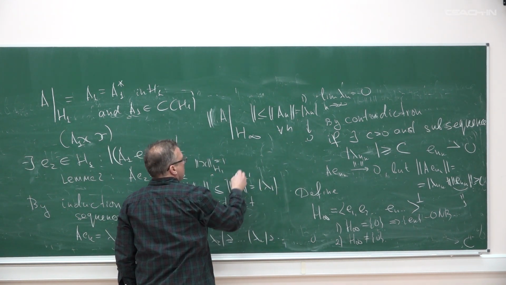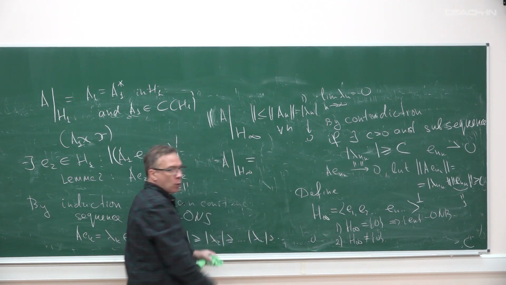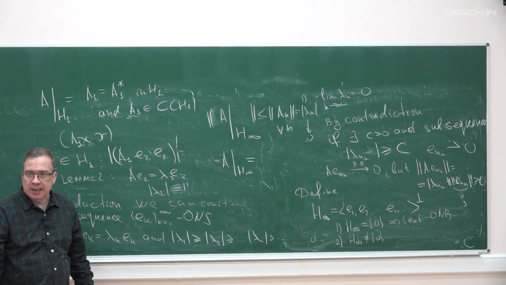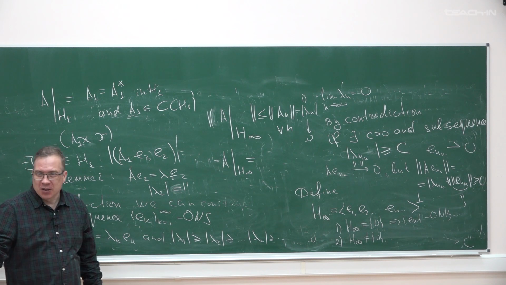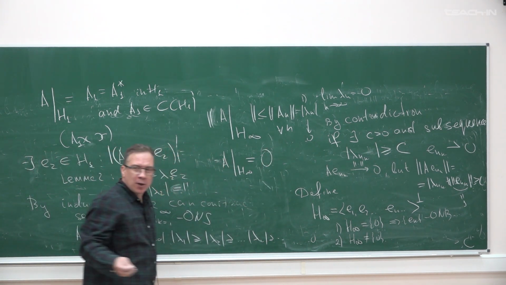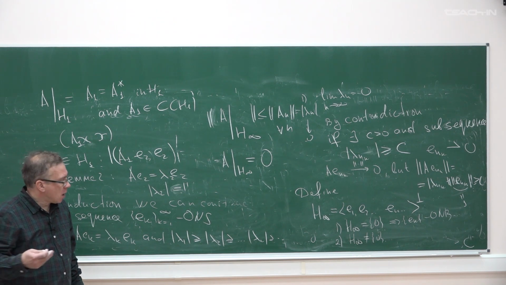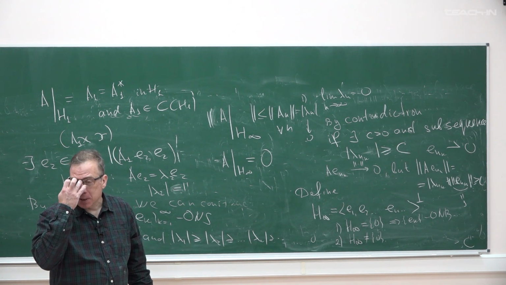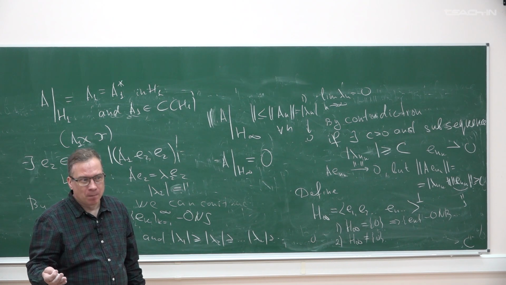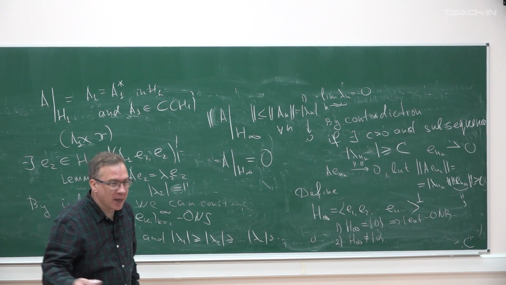So what can you say about this operator on this subspace, if it is not trivial? Its norm is 0. So what is the operator? It is the zero operator. What does it mean? What can you say about the subspace H infinity? If the operator is 0 on this space, and the space is not trivial, it is the kernel of the operator A.